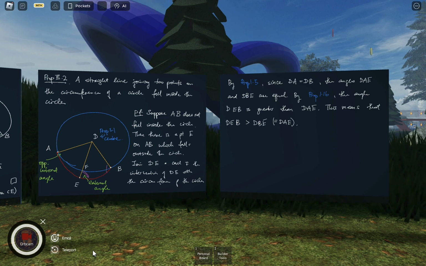So I put two pink stripes here to indicate that that's bigger than DBE, right? That also means that this DB is also larger than that one. And you can probably see here that this is going to be impossible because of the radius, right? So that's how we derive the contradiction.